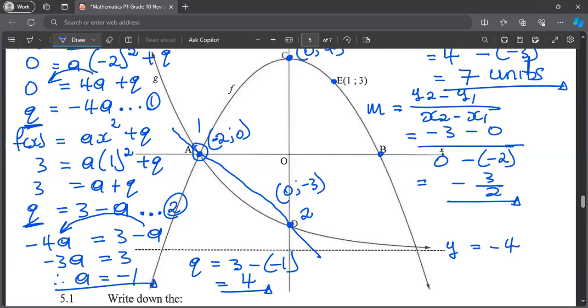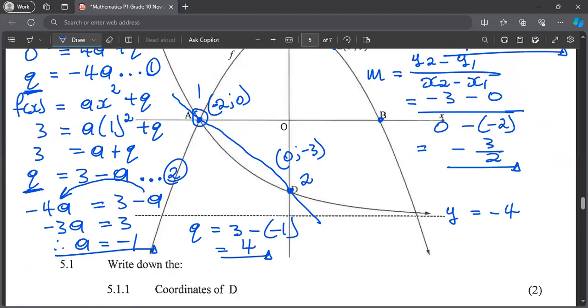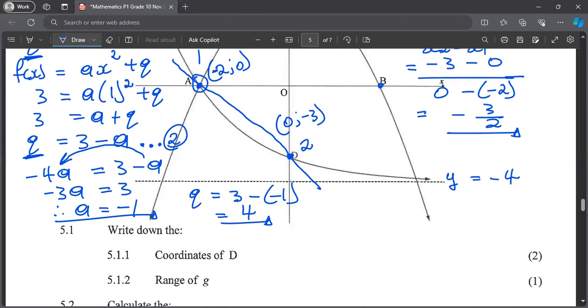Do you see that? So once you know your gradient, then you have to substitute either point A or point D in order to find the y-intercept of the straight line. So let's write the standard form for a straight line. You can say y equals mx plus c or y equals ax plus q. It's up to you. Now the gradient we calculated as negative 3/2.